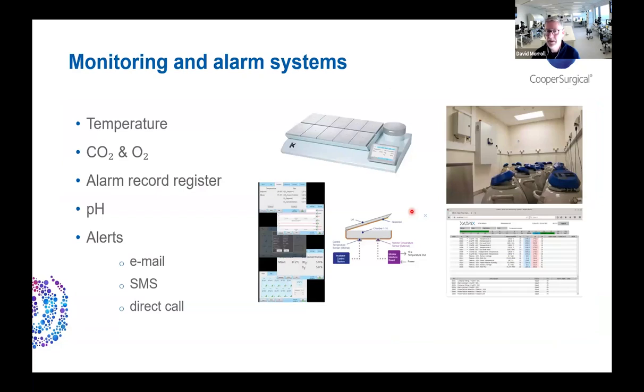Now, of course, the sort of risks we encounter in IVF labs, we all know about the sort of things associated with equipment failure, poor equipment performance, and so on. So the obvious approach to risk assessment, risk management, is having a good system of surveillance and alarm systems for our critical equipment.